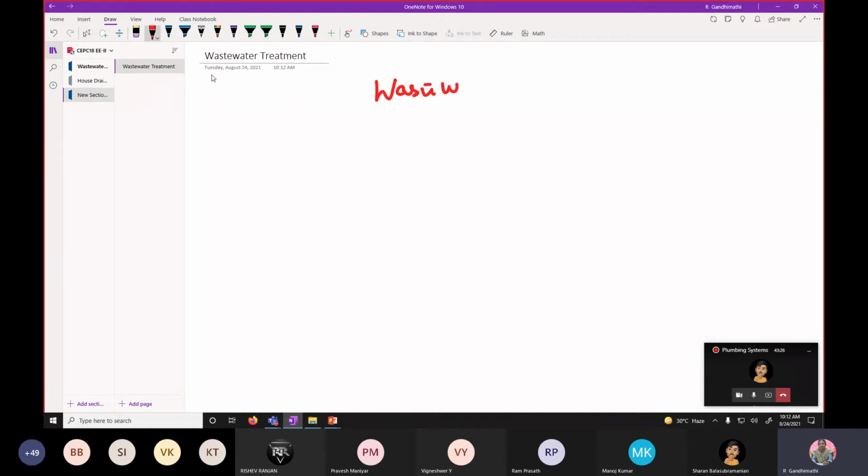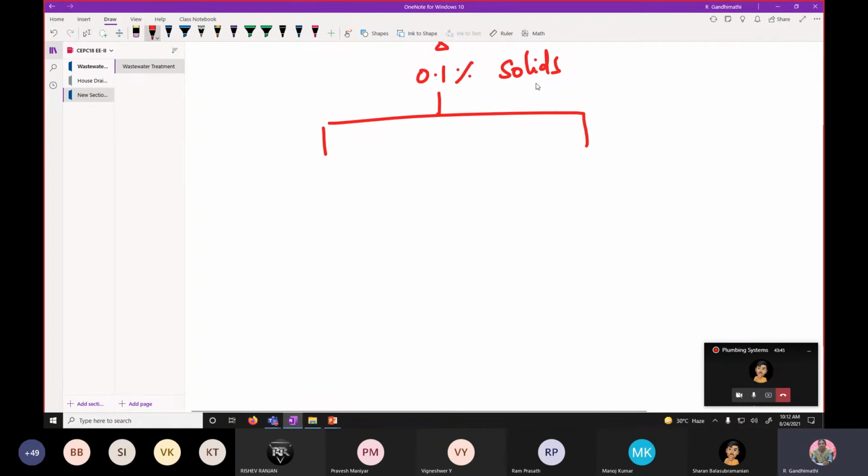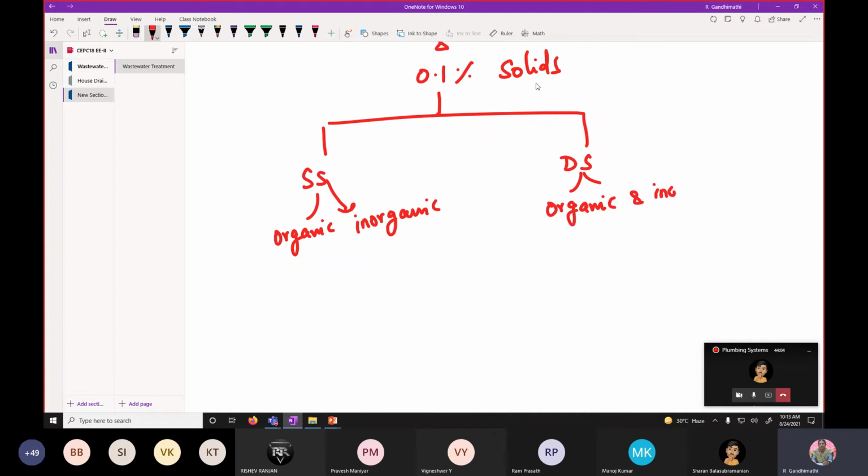Wastewater is water with 0.1% solids. These solids we have classified as suspended solids and dissolved solids. This may be in the form of organic and inorganic. Similarly, the dissolved solids may be in the form of organic and inorganic.